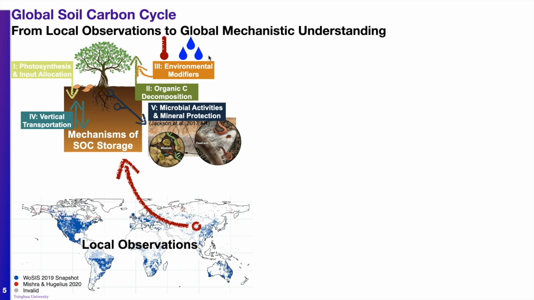Also, vertical transportation, such as freeze-thaw processes in the permafrost and bioturbation, is important for the vertical exchange of soil carbon among different soil depths. Finally, effects from soil microbes and minerals are being discussed more nowadays.